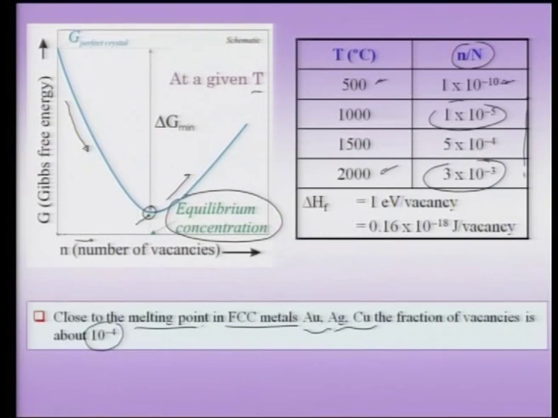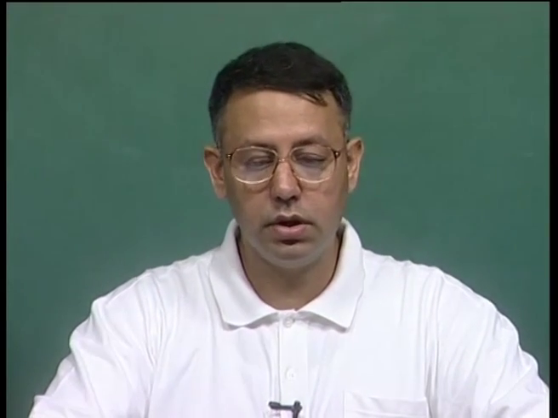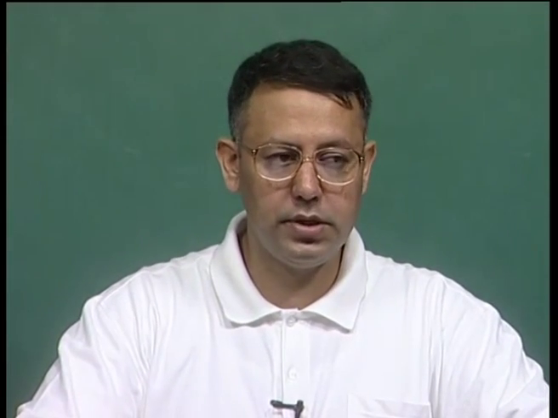This accommodation of vacancies in a crystal actually leads to a very important effect. Suppose I am talking about heating a metal, then we know that the metal would expand. Now the metal would expand because of two reasons. One reason is of course the fact that the atoms are going to vibrate around their equilibrium lattice spacings.